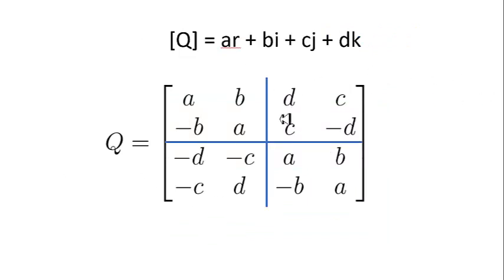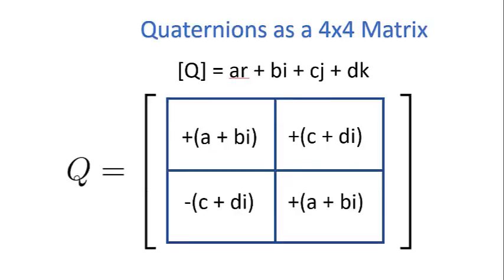As it stands, this is not a complex number, and this is not a complex number. So my original assessment was that each element should be a complex number and the big one should be a complex number. This is sort of true, but the upper right and the lower left are not traditional complex numbers.